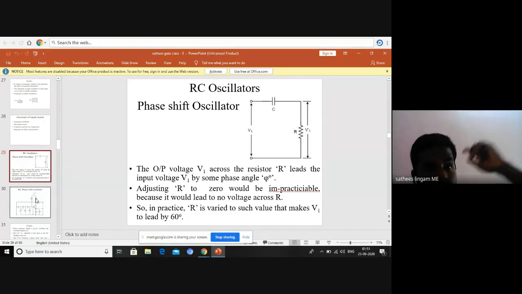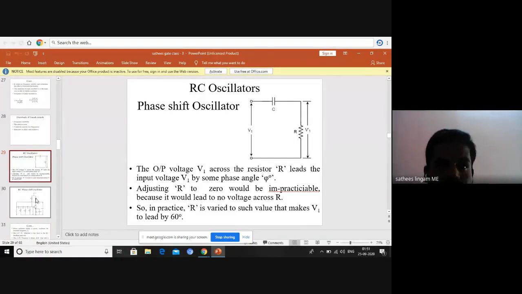Previously I said that when you connect an inductor and capacitor, it is simply the charging and discharging of energy, which can easily create oscillation. With the RC oscillator, this is the basic structure. The C is connected, because here also the capacitor charges from our V1.